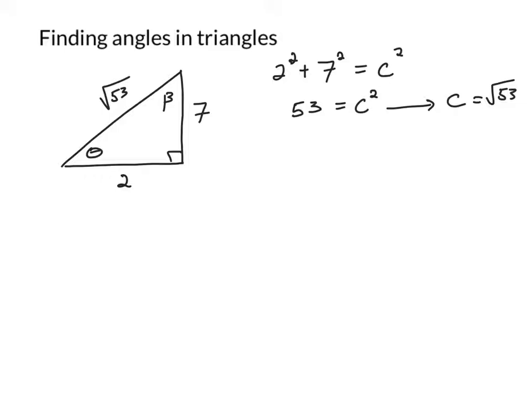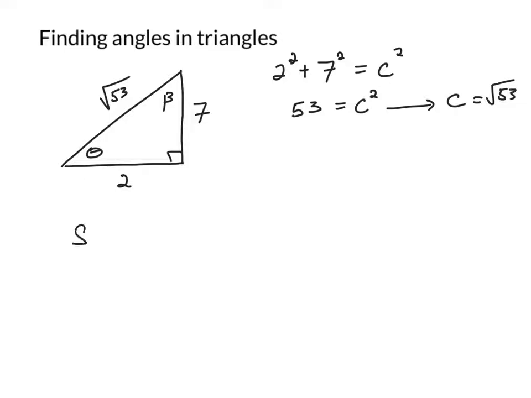In order to do that, we are going to bring in some trig functions. I'm going to bring in the sine function and the tangent function here. I'll show you how to do it with both of them. You don't need both, you only need one, but it's always good to have more tools.